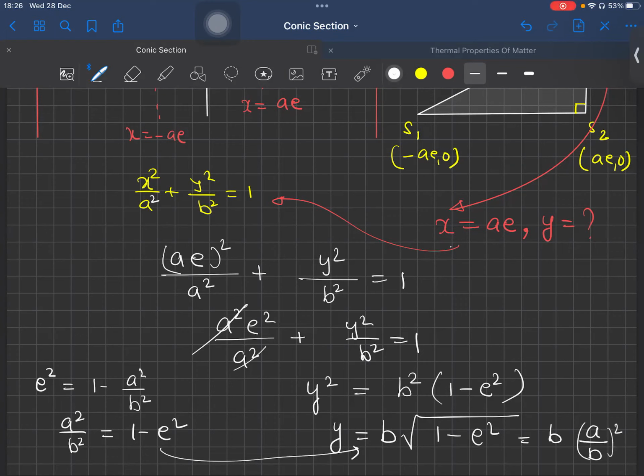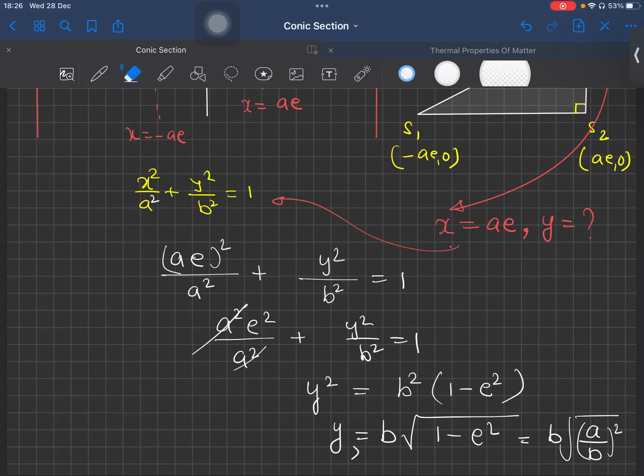Something is wrong. Okay, so I think till this part it is fine.